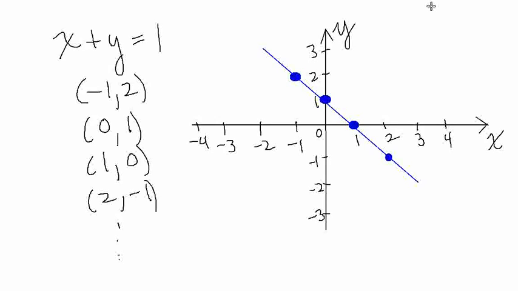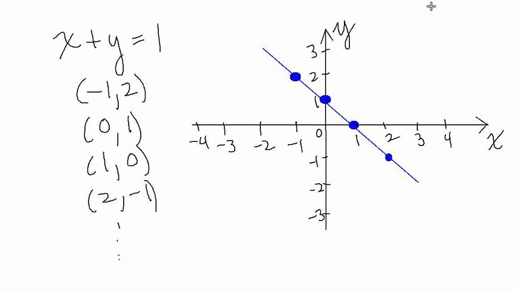What we will do is create what's called an XY coordinate plane. We're going to create that with two perpendicular number lines. And then, using the method that I just showed you, we will locate a line on that picture. And that will represent all the solutions.